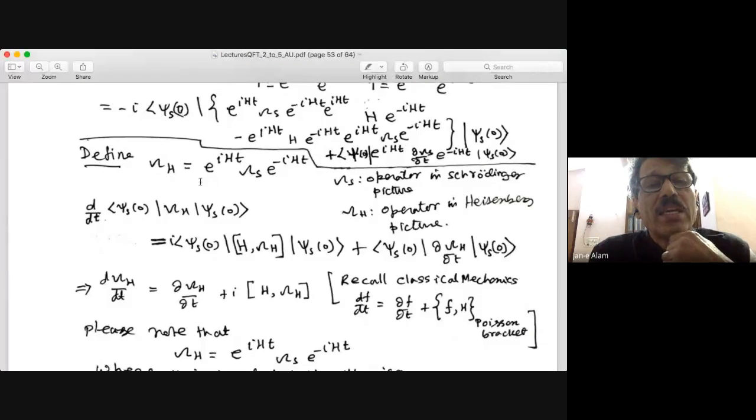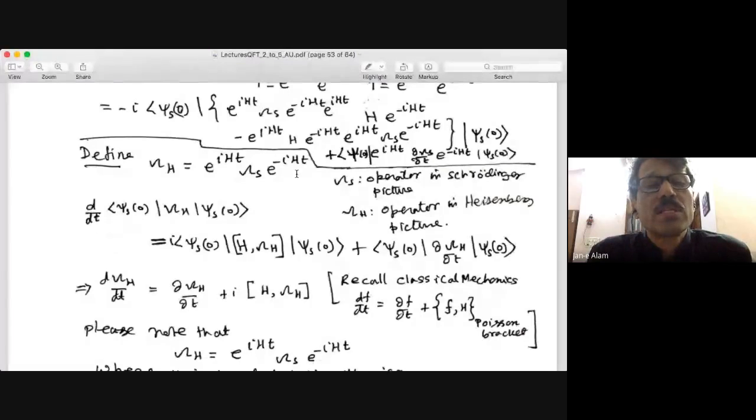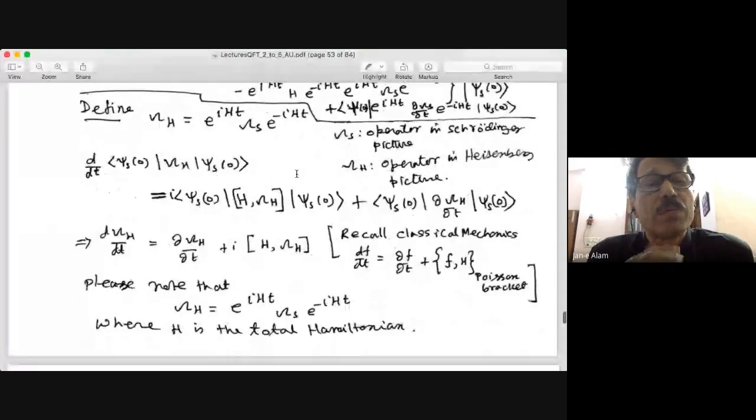I had the annihilation operator a p at time t equal to 0, and when I wanted to calculate a p at any time t, I multiplied it by e to the i h t, and this side e to the minus i h t, expanded that for small h t, and then I got that commutator, and that relation I have used. So today I am giving you the derivation of how it comes.